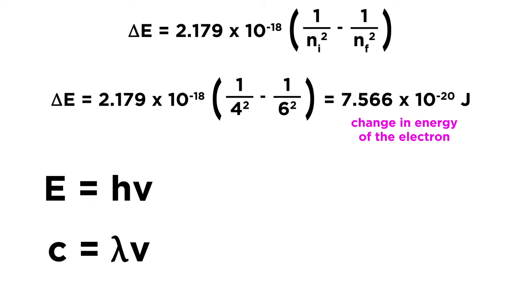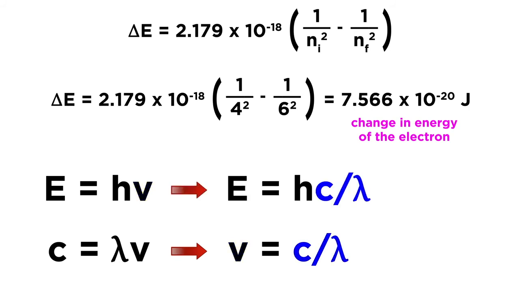As you may already know about the Einstein relation, energy and frequency, we can also rewrite the frequency in the form of the speed of light over lambda, and we can rewrite the energy as Planck's constant times c over lambda.